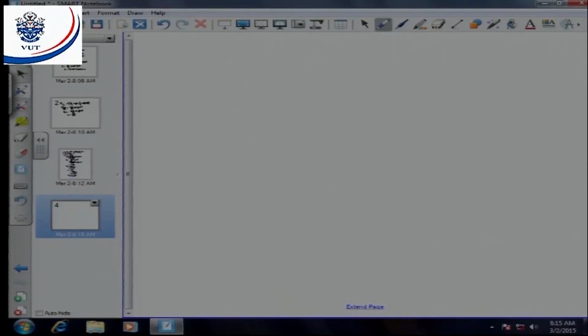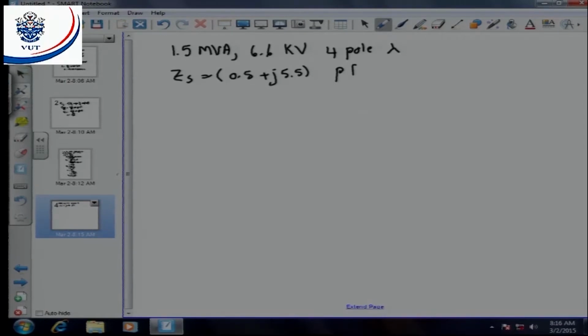If we have a look at another example, which is a 1.5 MVA, 6.6 kilovolt, 4-pole star connected alternator, has a synchronous impedance of 0.5 plus j5.5, operating at full load, power factor of 0.8 lagging.